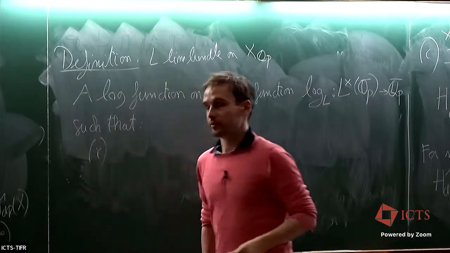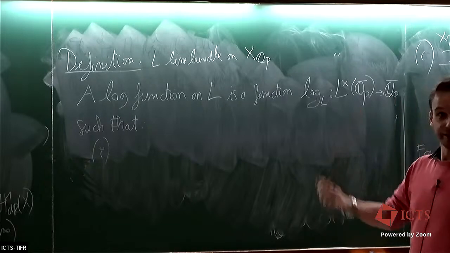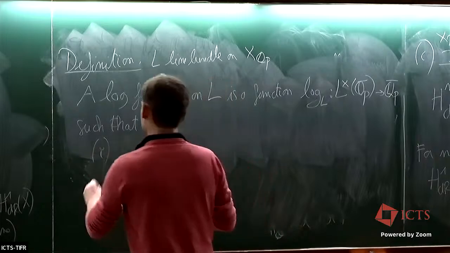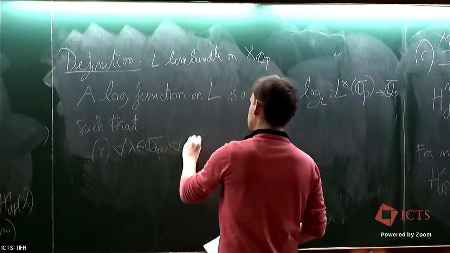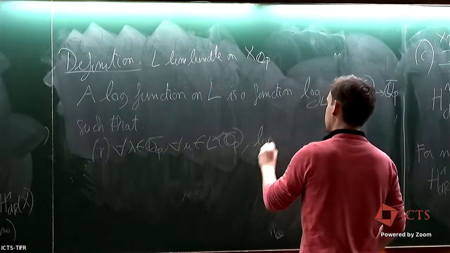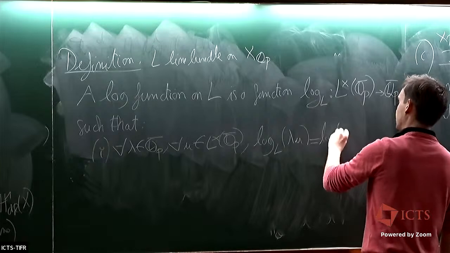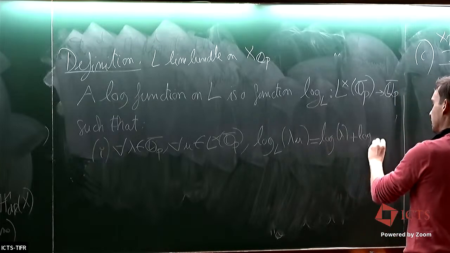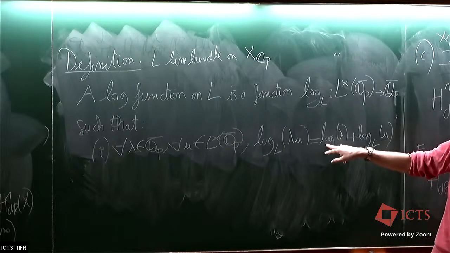well, the obvious objective is to allow for a product formula and to have a right behavior with respect to linearity. So this is exactly what I'm writing now. For all lambda in QP bar, for all U in L star QP bar, I should have that log L of lambda U is equal to log of lambda plus log L of U. Where you should remember, I define logarithm on QP bar star to QP bar.